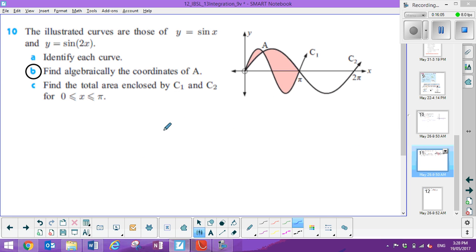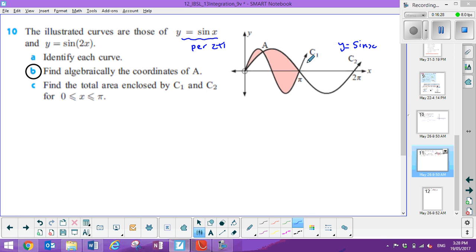This one here, where we've got two sine curves, we've got sine x and sine of 2x. The question is which one is which. Sine x as our base curve we know has a period of 2 pi. So that means this one here is our sine x.